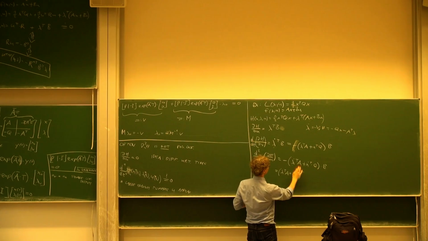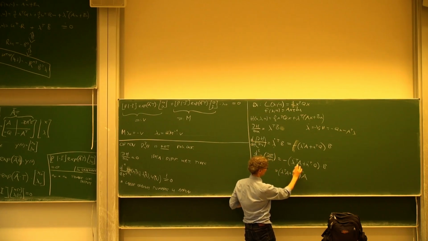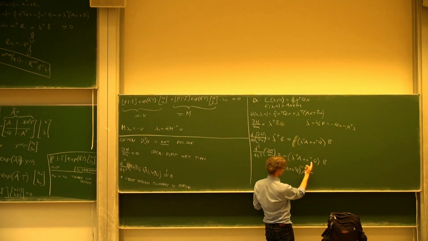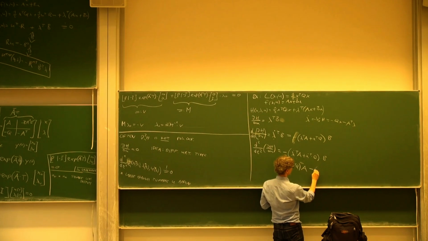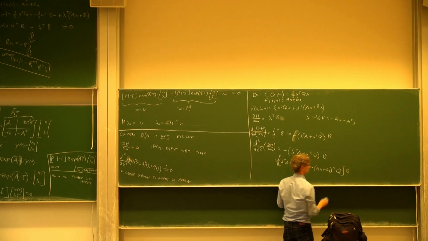Oh, this was already transposed, right? Then I get the A here. That's for this term. And then I get this term where I still have the minus sign. x dot is actually just Ax plus Bu transposed, right? Times Q. Okay, and then the whole thing still multiplied with B.